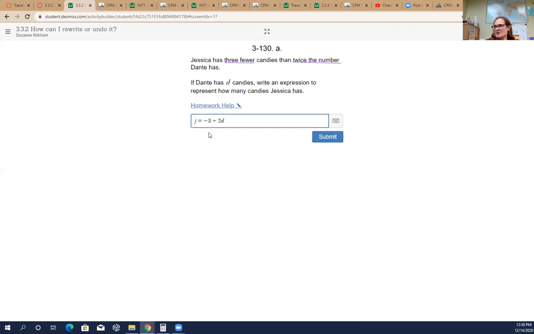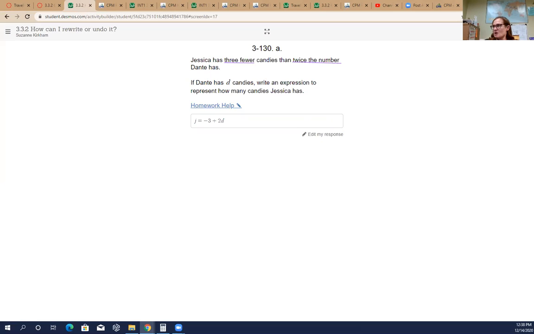So J equals -3 because she's got 3 fewer, plus 2D because it's twice the number Dante has. So you would take however many candies Dante has, double it, and then subtract 3. Okay, does that make sense, Hayden?